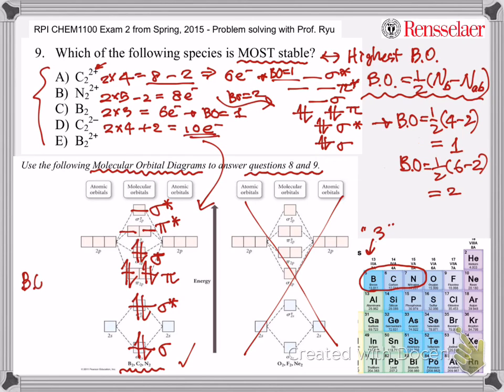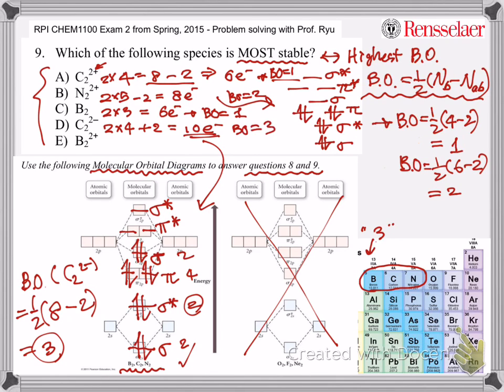The bond order for this C2 2 minus: you have 8 electrons in the bonding orbitals, and there are 2 electrons in the anti-bonding orbitals. So in that case you have a bond order of 3. So this is a case where BO is 3.